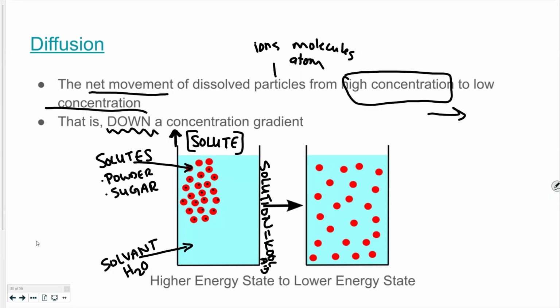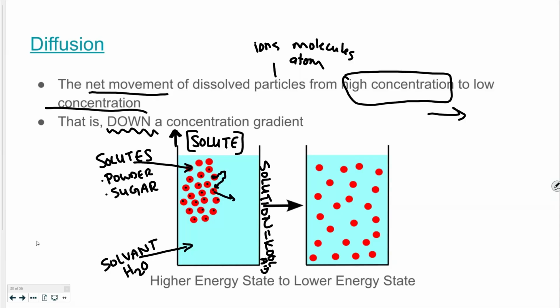Now, over time, due to just random movement, this solute's going to be wiggling around, it's going to bump into that guy, and then that guy's going to get billiard ball pushed over there.